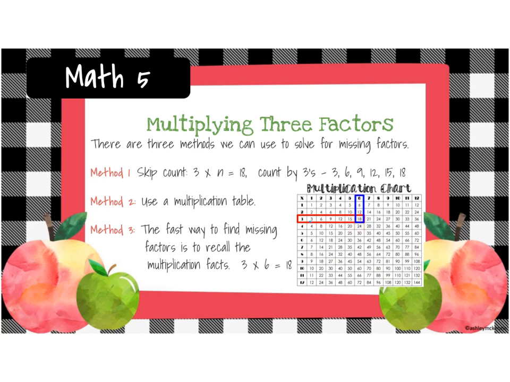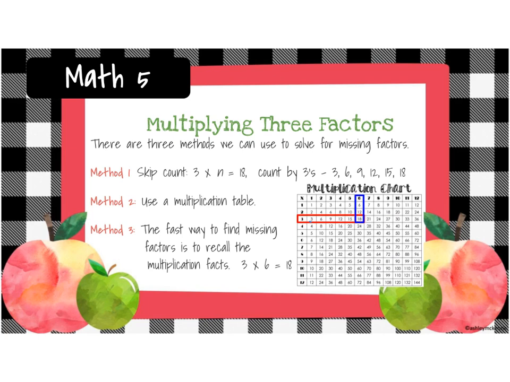The fast way to find missing factors is to recall the multiplication facts. Okay, so if I said 3 times n equals 18, the fastest way to know that is to know your basic facts. What times 3 equals 18? Boom, you should know. Okay, what would it be? 6. Okay, so there's 3 ways to find missing factors.